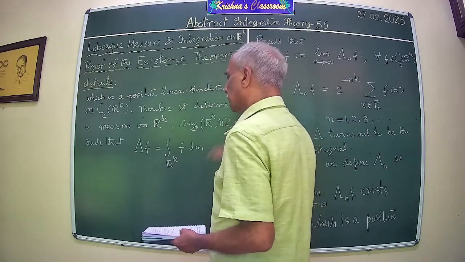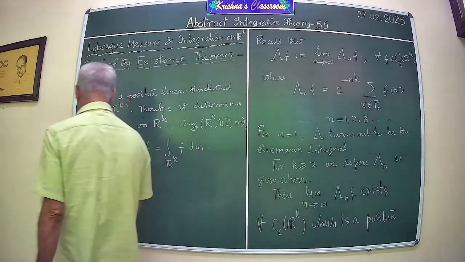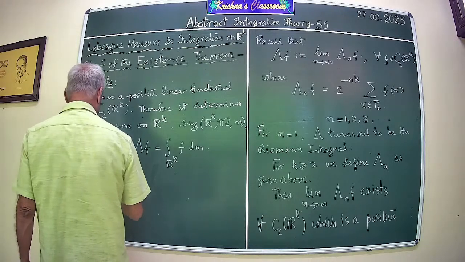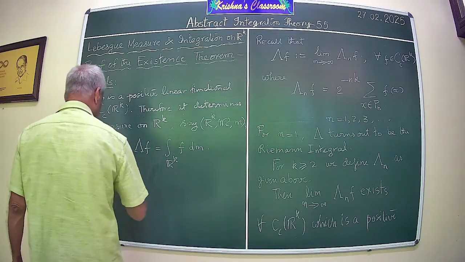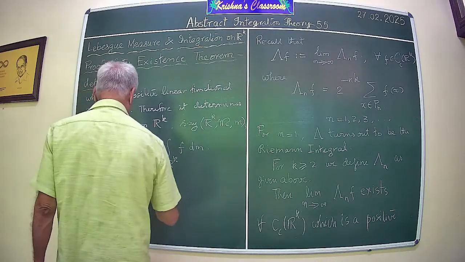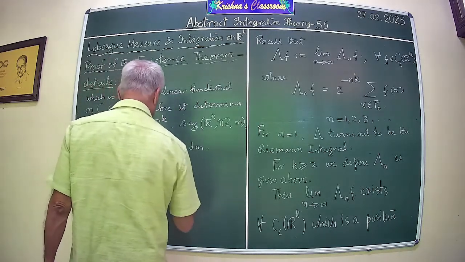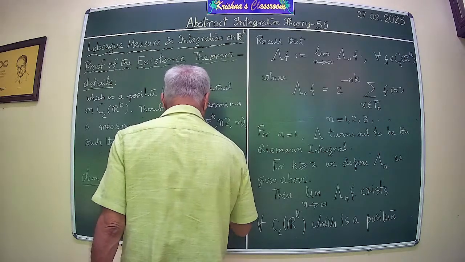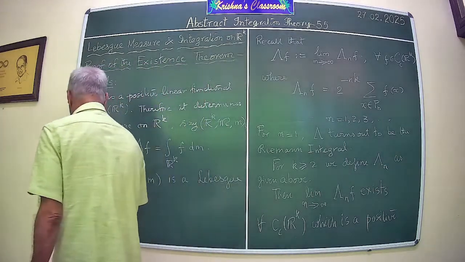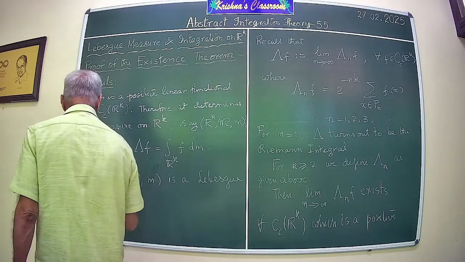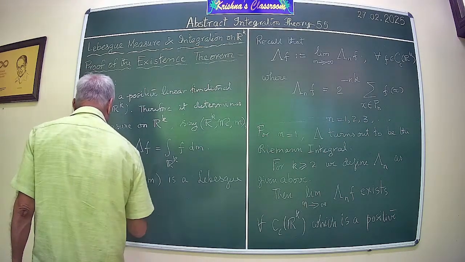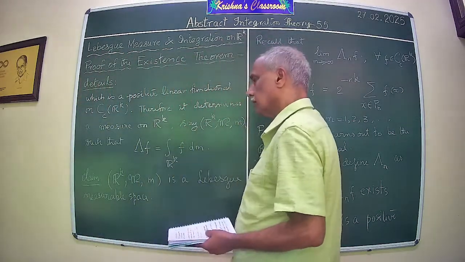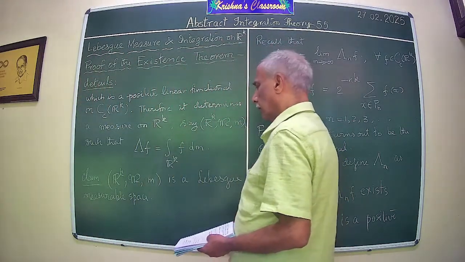Now what we want to establish is that this is indeed the Lebesgue measure. So we claim: what do we mean by that? This means M satisfies certain properties.